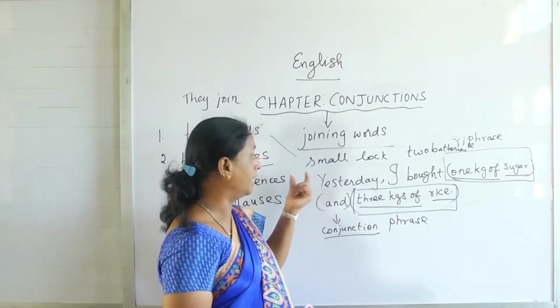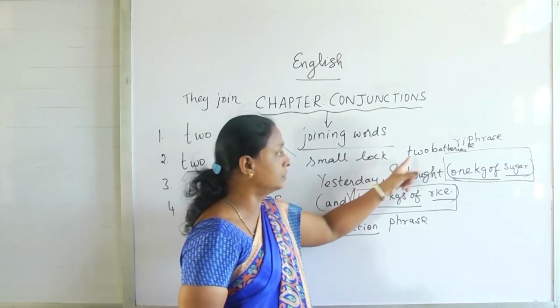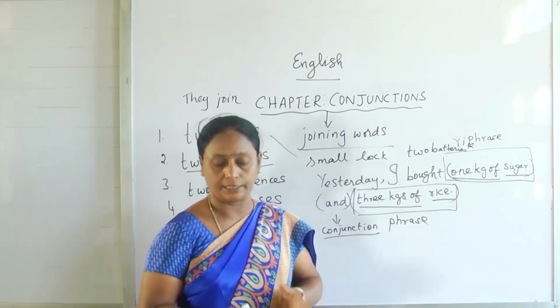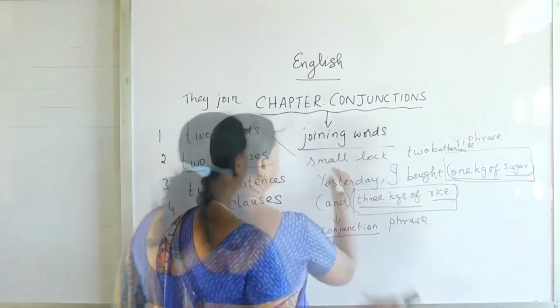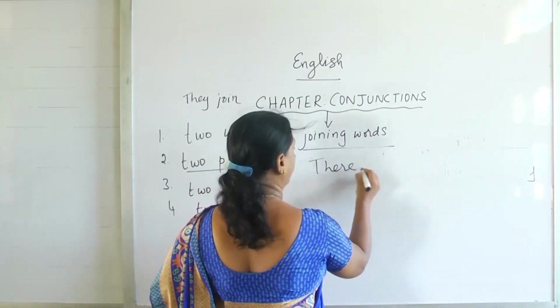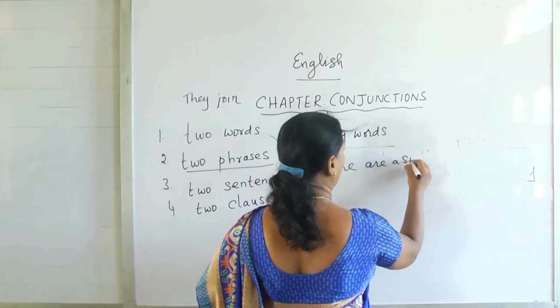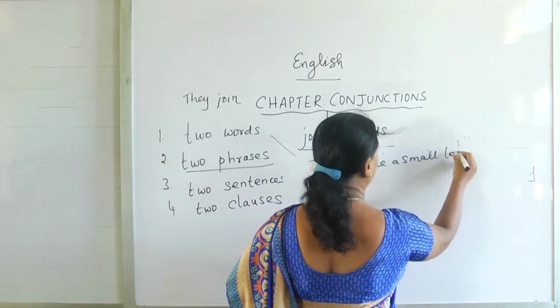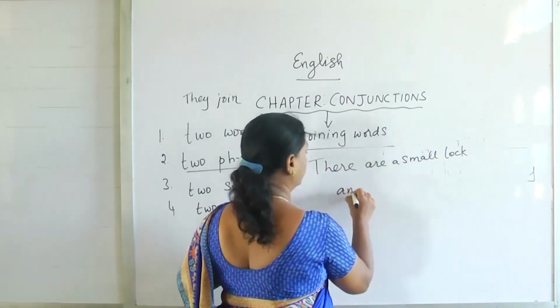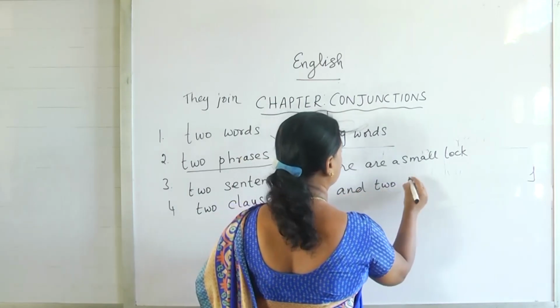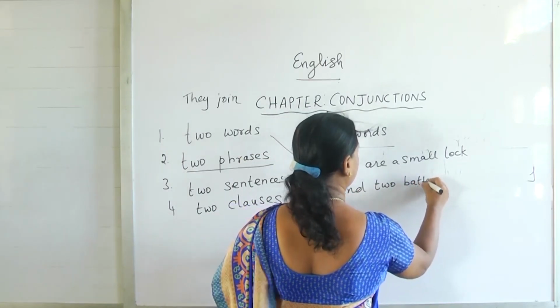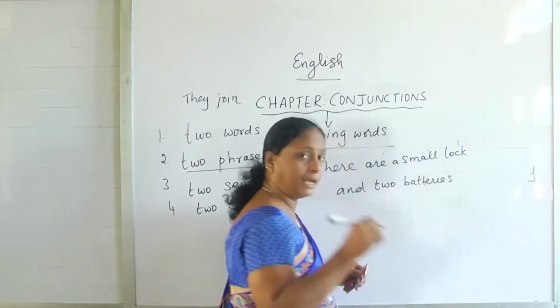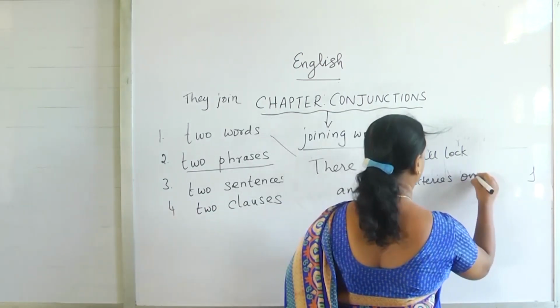Now if I say I have a small lock with 2 batteries, I can't write like that. What should I write? There are a small lock and 2 batteries. 2 batteries where? On the table.